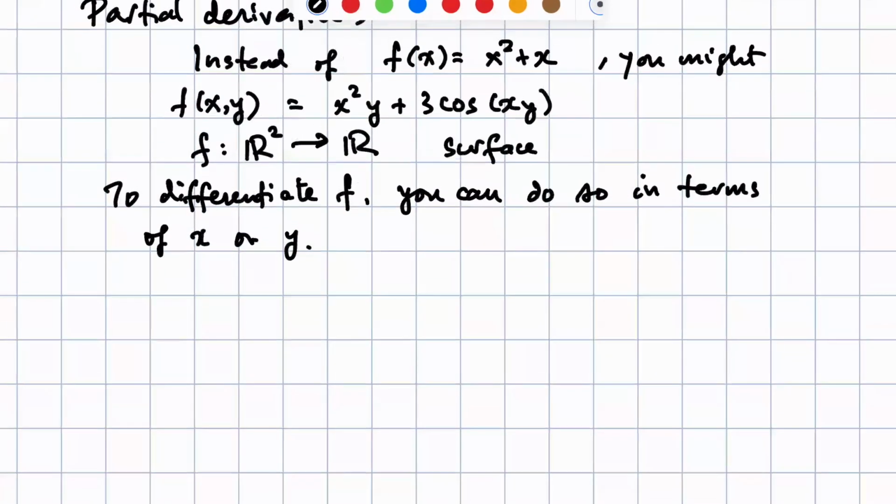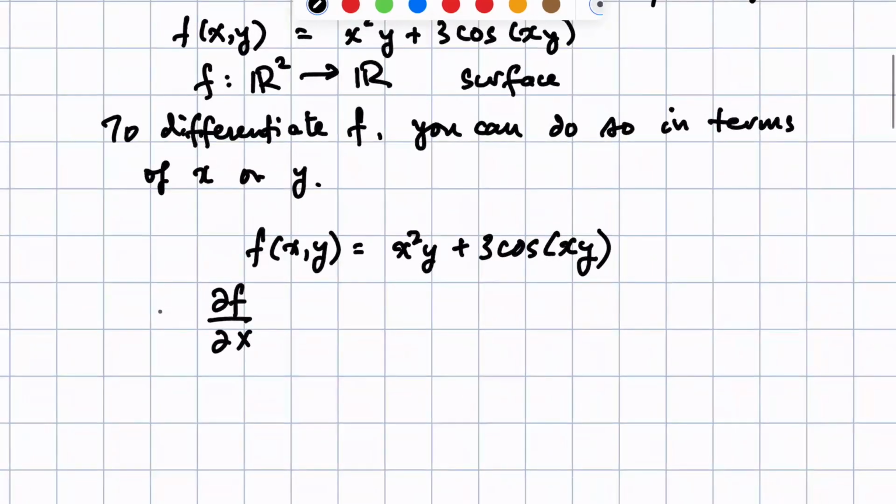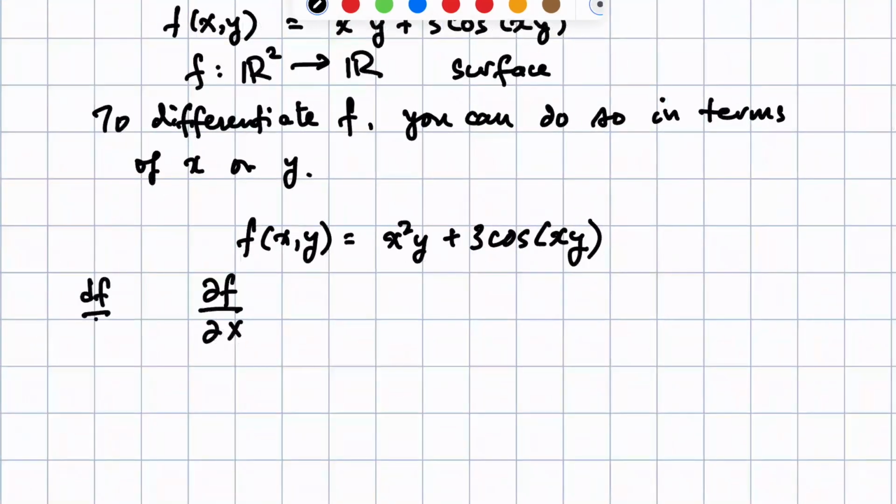And so here is the notation. So for example, if I have f of x y equals x squared y plus 3 cosine xy, then this notation here, partial f partial x, this is not the same thing as df dx, right? This is a curly d.